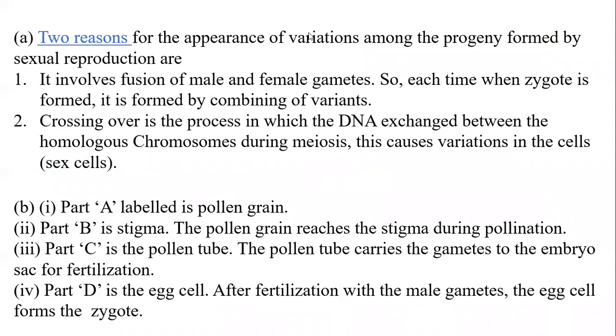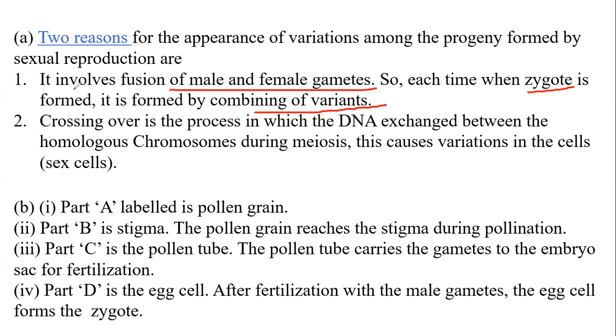See the answer. Sexual reproduction means there is involvement of two parents. There will be a fusion of male and female gametes. So each time a zygote forms, there will be a combining of varieties; two traits are going to combine.